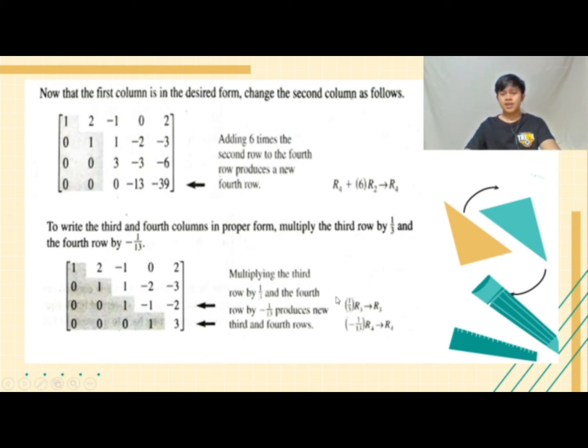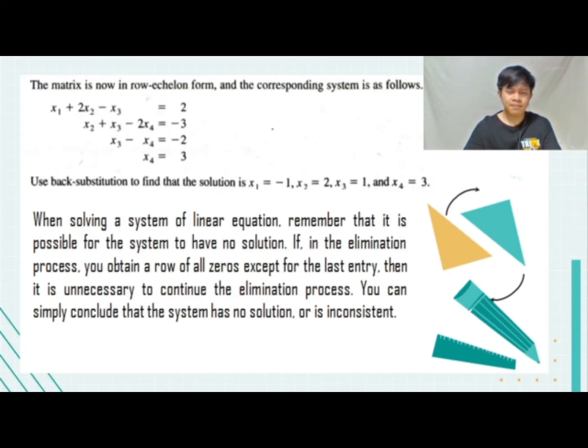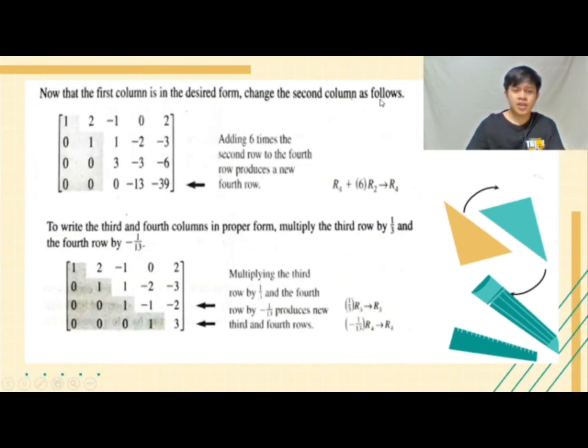So, this is the formula on how to compute the solution. So, the next step: the matrix is now in row echelon form, and the corresponding system is as follows. So, this equation is in row echelon form.